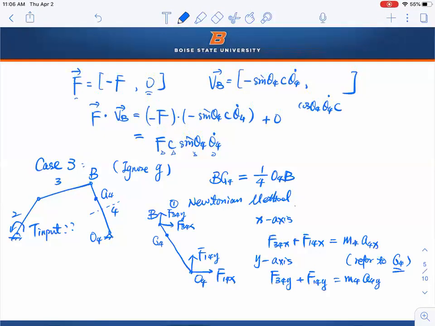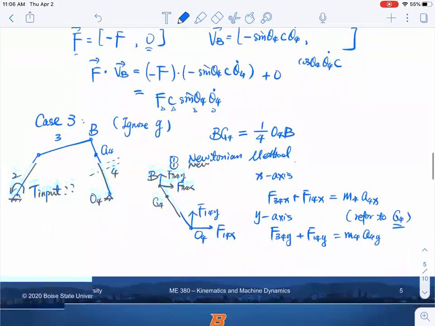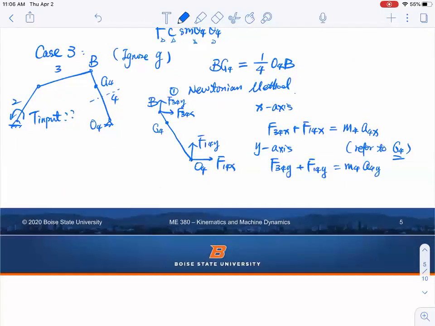You don't pick the geometric center. You're picking the center of gravity, okay? So then we have another rotation. Again, your rotation is about the center of gravity, not the geometric center. So you have T34 plus T14 equal to J4 theta 4 double dot.